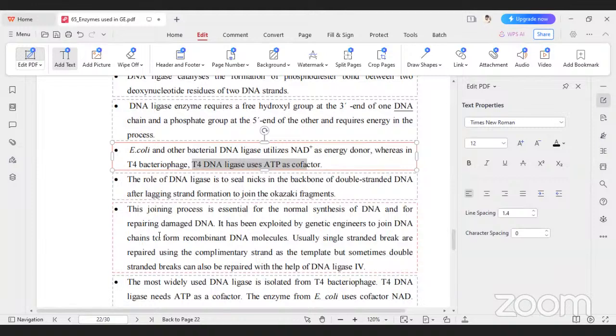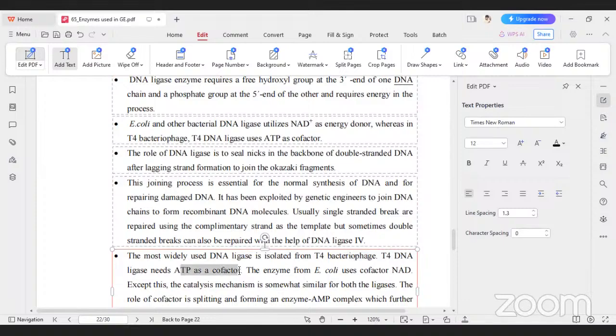The DNA ligases are primarily responsible for joining gaps, and joining is the important process here. In normal DNA synthesis and repairing the DNA, it just joins Okazaki fragments, which I will explain later. Okazaki fragments, DNA repair and recombination processes, and the most widely used DNA ligase is T4 from bacteriophage.